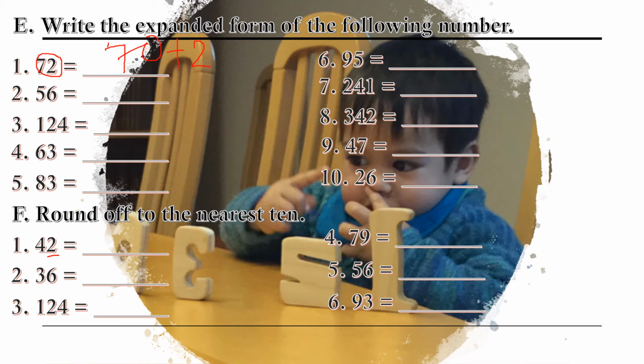If it's round up, add 1 to the tens digit, but if it's round down, retain the number and change the number to the right to 0. Okay? I presume that everybody was finished. If not, just pause the video and continue. Okay? Next.